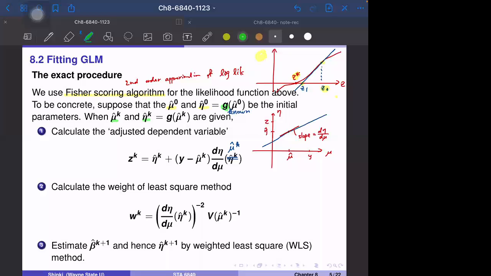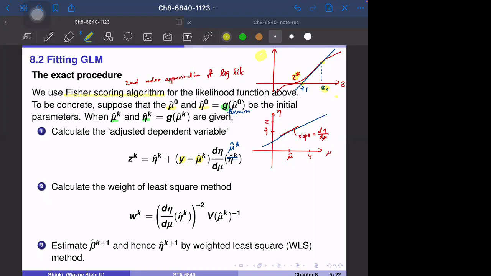At first we define zk. This is the so-called adjusted version of the dependent variable. The basic idea is that we have the estimated mu hat, which is the estimate for the y observation. But we have some discrepancy between this and the observation, and the error is sometimes positive and negative.